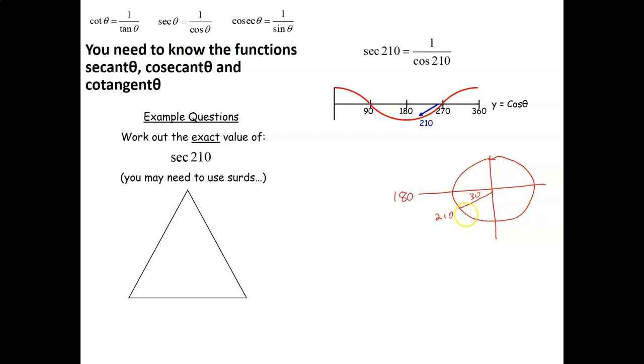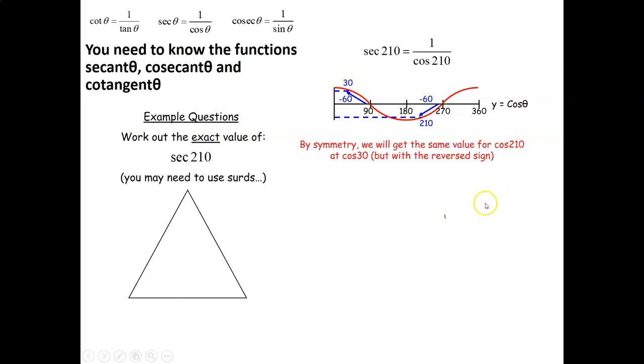So cos of 210 is going to be the same as cos of 30, but negative. And that's a way to think about it using the graph.